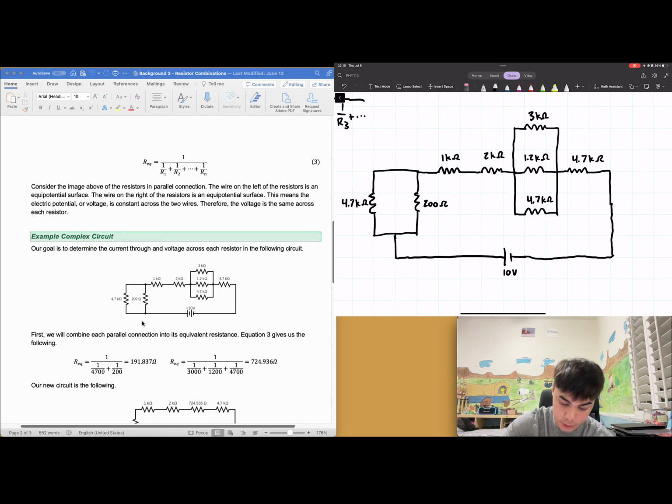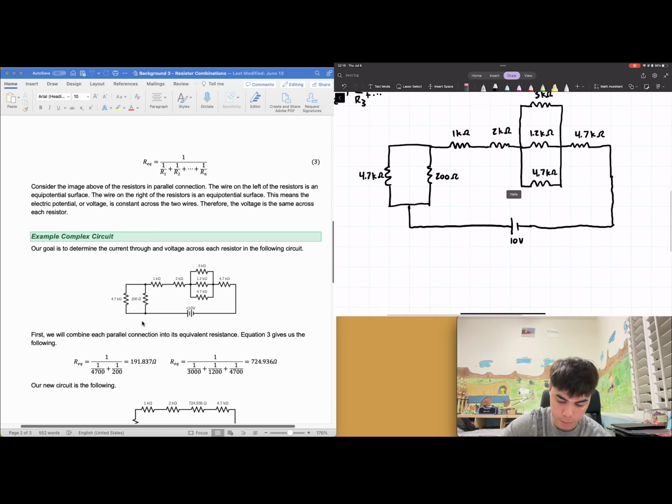So first thing I'm going to do is combine all these resistors that are in parallel.